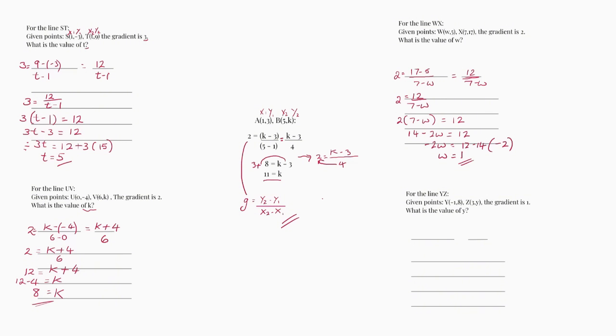So our gradient is 1 equals y minus 8 all over 3 minus 1, which equals y minus 8 all over 4, because 3 minus 1 is 4.